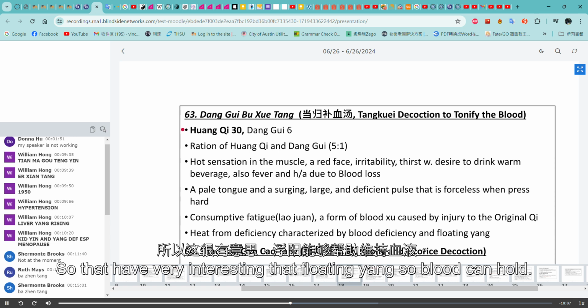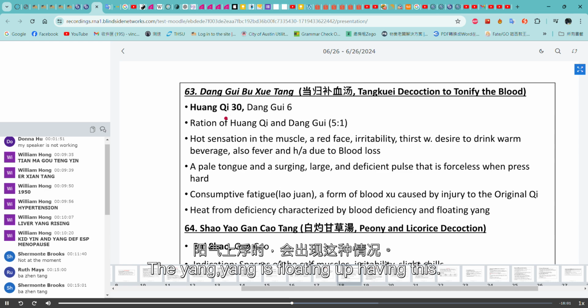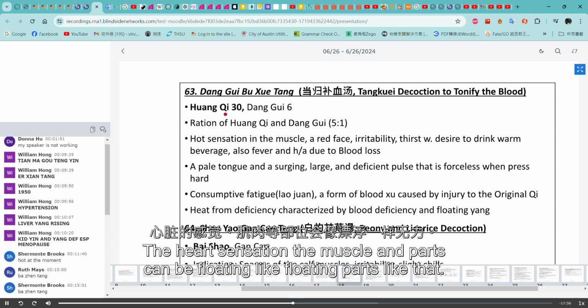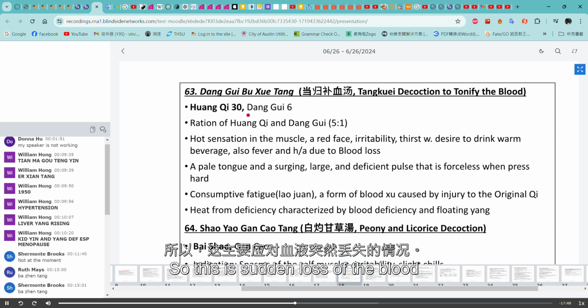So there is floating yang. Blood cannot hold the yang, so yang floats up, causing a hot sensation, and the pulse can be floating. So this is Dang Gui Bu Xue Tang, for sudden loss of blood.